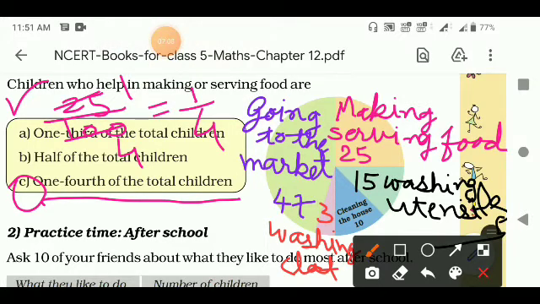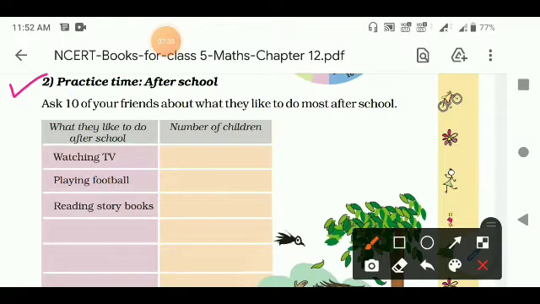Now proceeding further, practice time: after school. Ask 10 of your friends what they like to do most after school. Here is a table with 2 columns: what they like to do after school and the number of children. For example, watching TV. How many children like to watch TV?